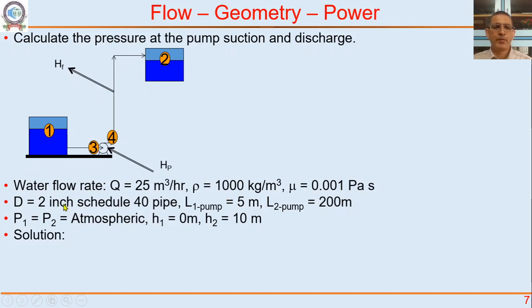Everything is the same. Pipe diameter is the same, lengths are the same. We just have to calculate P3 and P4, pressure at the pump suction and pressure at the pump discharge.